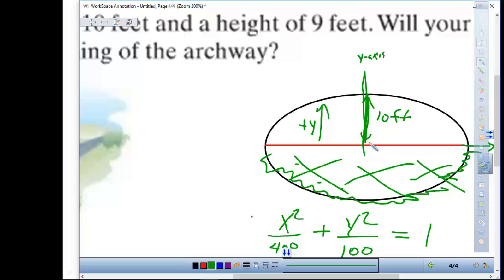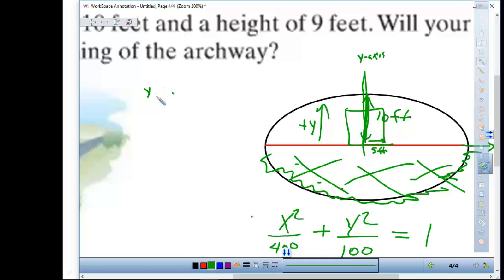So if we talk about how far in this direction we're going to go, if we were to drive this truck right down the middle, if we can find out what the height is over here at 5 feet, and if it fits underneath our curve here, then we know that our truck is going to fit through. So that's all we've got to do. We want to find y when x equals 5.